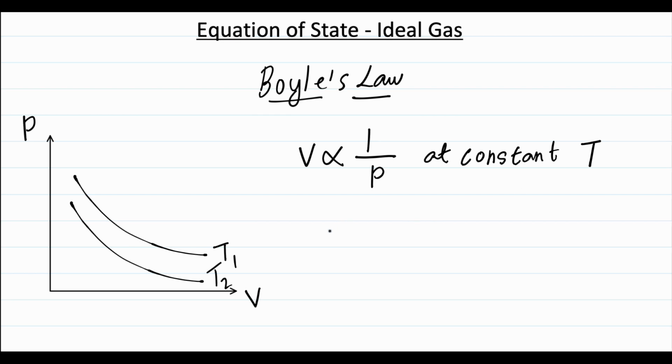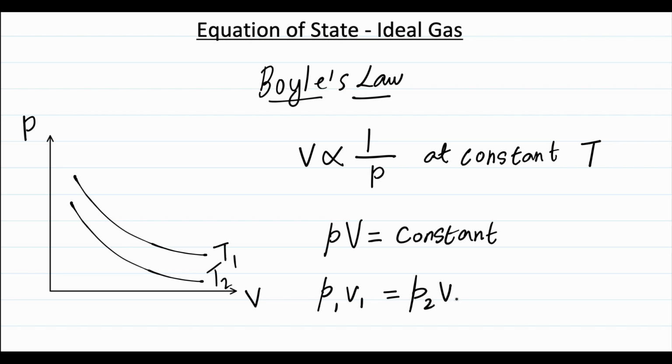At constant temperature, we can say PV is equal to a constant, or we can write it as P1 V1 is equal to P2 V2 if 1 and 2 are two different states.